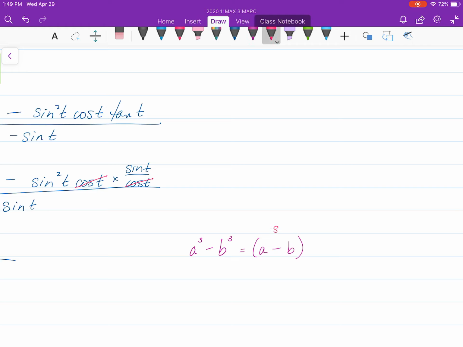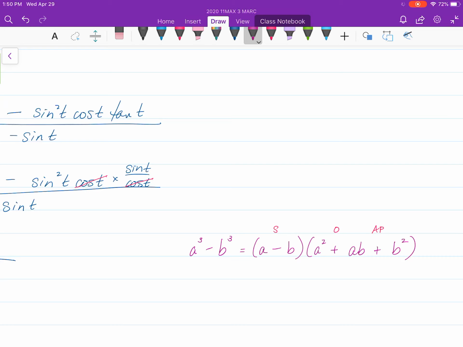I had a cubed minus b cubed, so therefore that's a minus b by the SOAP acronym. Square the first. Opposite for SOAP is why I have plus. Multiply the two together, a times b. And then SOAP, AP is always positive for the last term. So plus your last term squared.